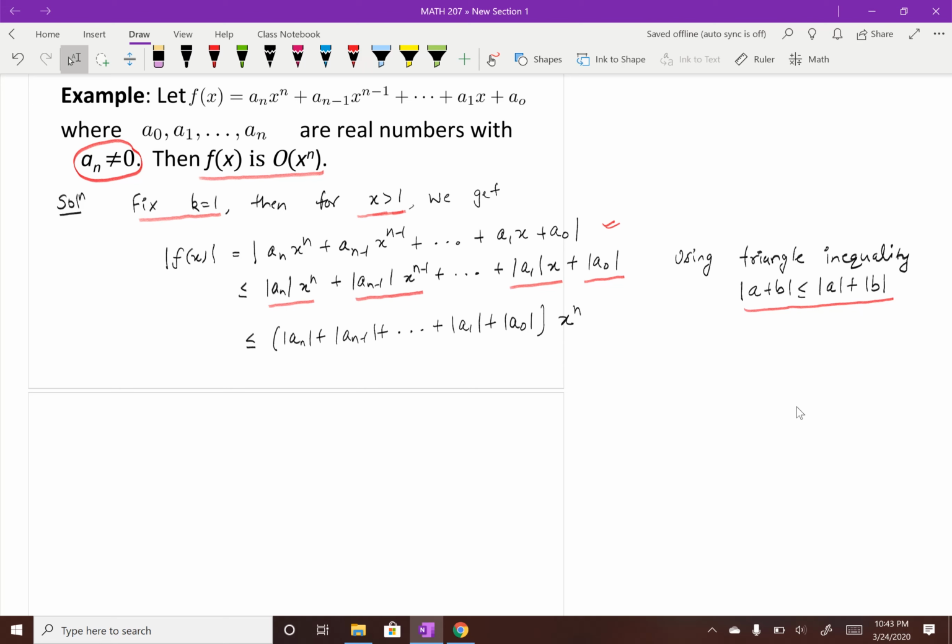Now since I'm working under the case that x is greater than 1, from there I can conclude x to the power n is greater than 1. I can also conclude x to the power n is greater than x.